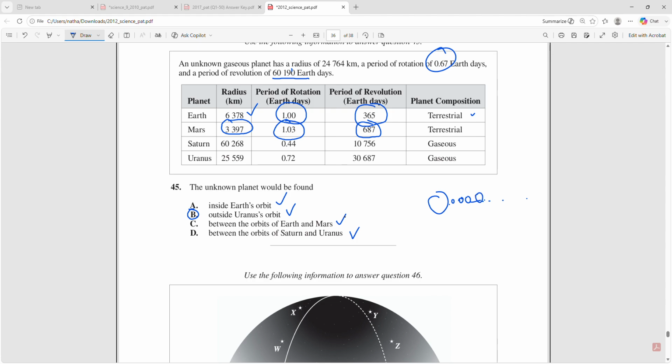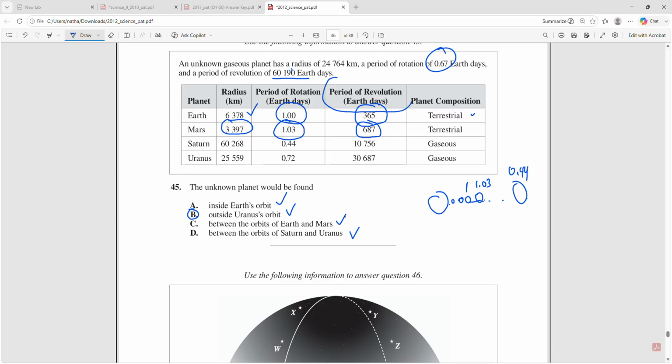So here Earth is spinning around once a day, and then further out Mars is spinning a little bit slower. And then further out, where Saturn is, it's spinning faster because it only takes less than half a day to spin around. So that doesn't really tell us exactly where that's sitting. That's not really going to help us know exactly where that planet is.